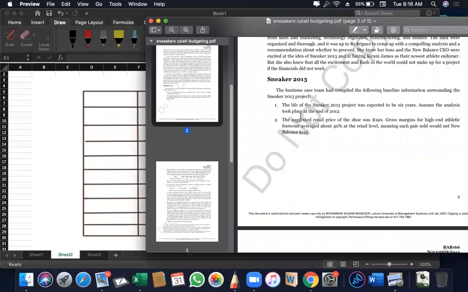Then next part is the suggested retail price of the shoe was 190. Gross margin for high athletic footwear averages about 40% at the retail level, meaning each pair sold would net New Balance $115. So this is our sale price.